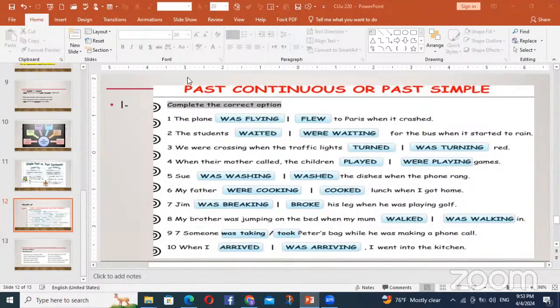The plane was flying, Sarah, was flying, Ahmed, to Paris when it crashed. Okay, right. Yes, Dina, that's right.